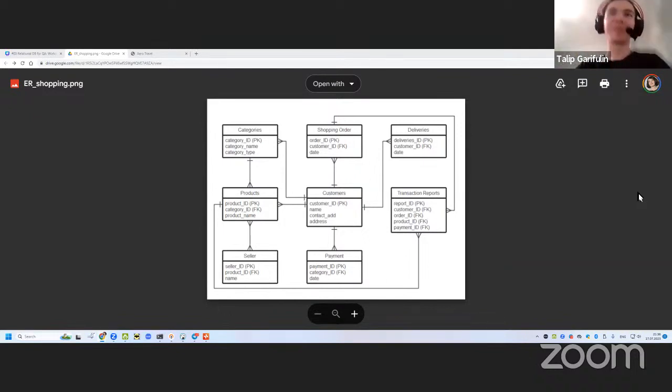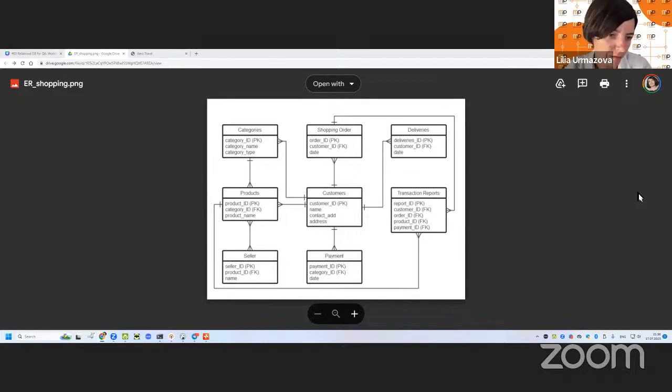Also, we didn't understand the transaction reports table. It has only foreign keys and no more information, so all the information is duplicated from other tables.